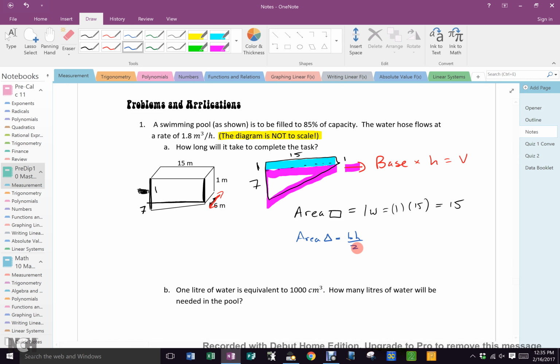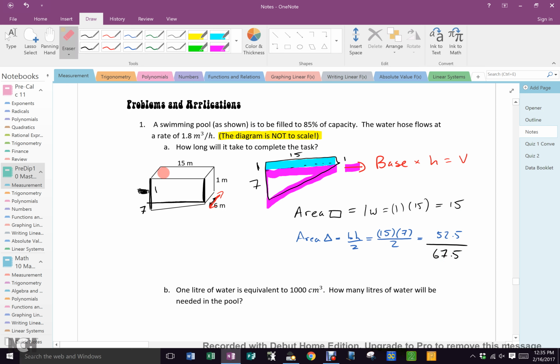Well, what is the base of this triangle? 15. What is the height of this triangle? 7. And then I divide the whole thing by 2 to get 52.5. So if the purple is 52.5 and the blue is 15, what do I need to do with those two numbers? Add them up.